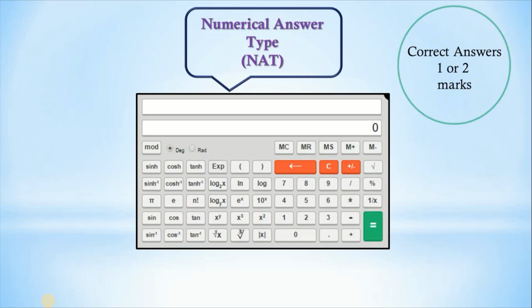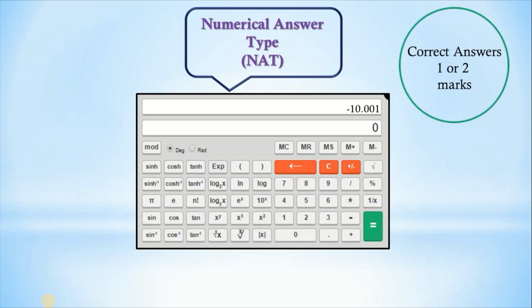For this type of question, the answers can be numbers such as 10 or -10, like integers only. The answers may be in decimals as well, for example 10.1 with 1 decimal, or 10.01 with 2 decimals, or 10.001 with 3 decimals.